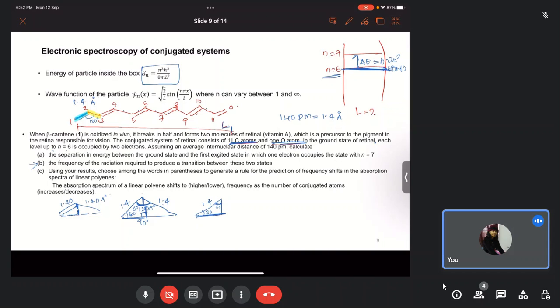Let it be a small l. Small l is equal to sine 60 into 1.4, since sine 60 is l by 1.4. So you need a little bit of geometric understanding to find this.